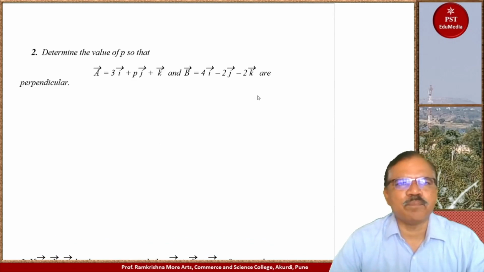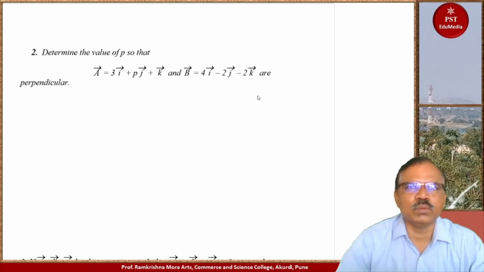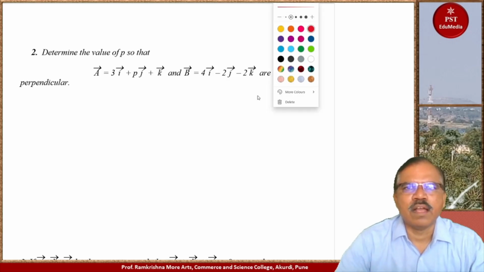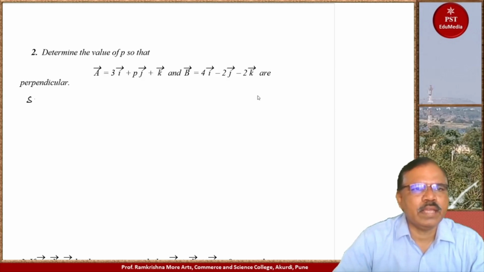Determine the value of P so that A equal to 3i plus pj plus k and B equal to 4i minus 2j minus 2k are perpendicular. Now what happens here? We have two vectors A and B, and we know when A and B are perpendicular, their dot product is 0.